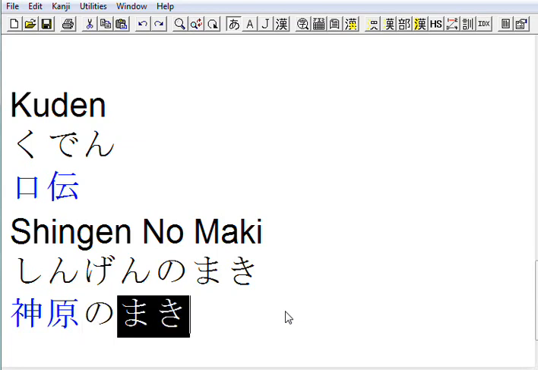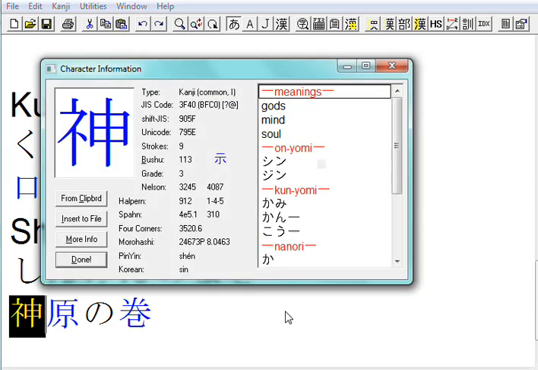Maki, and that's that. And actually, just to let you know, on the paper that was given to me, the no was left out, and so it was implied. So it said Shingen Maki, but you can say Shingen no Maki. Alrighty. So what does this mean? Well, this means the God or the spirit. Let's pull that one up. The God's the mind, the soul.